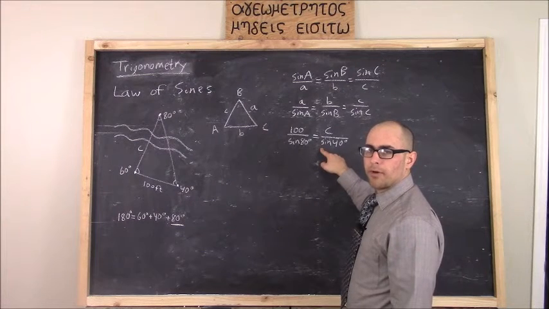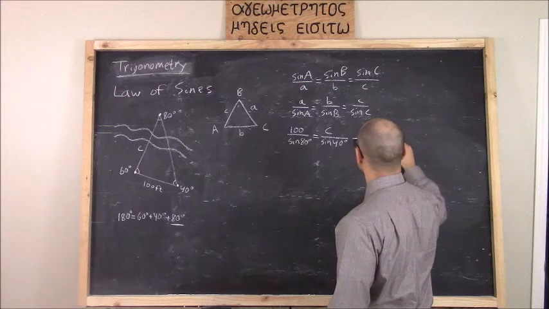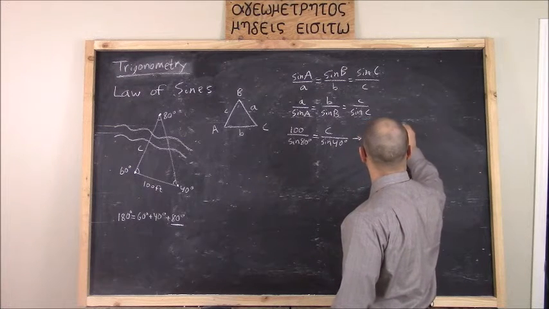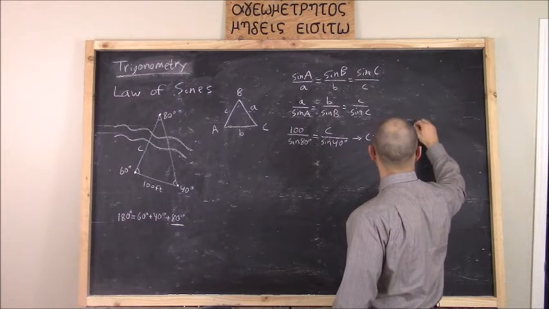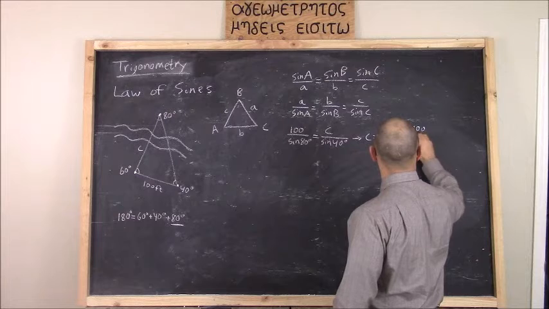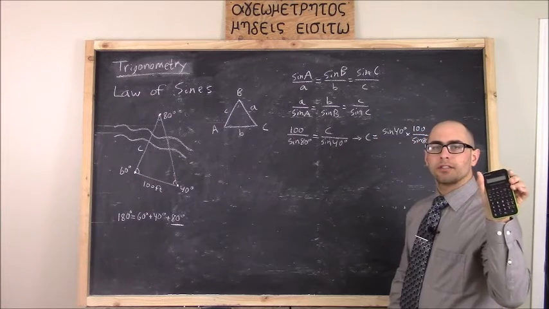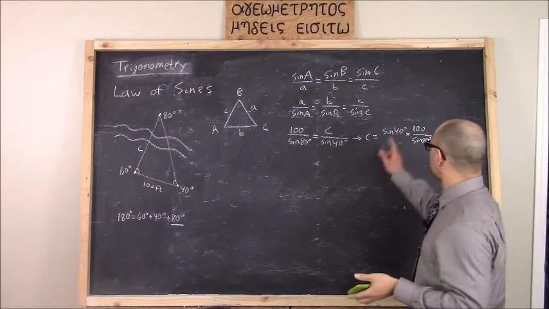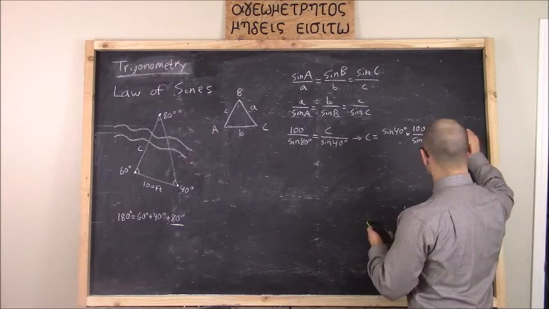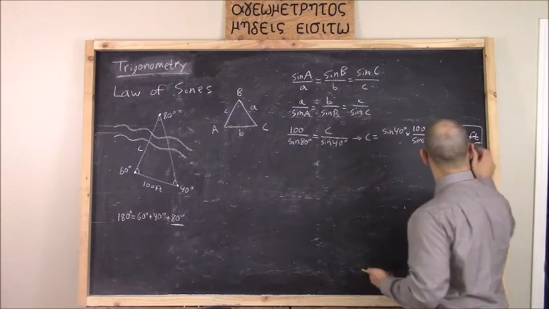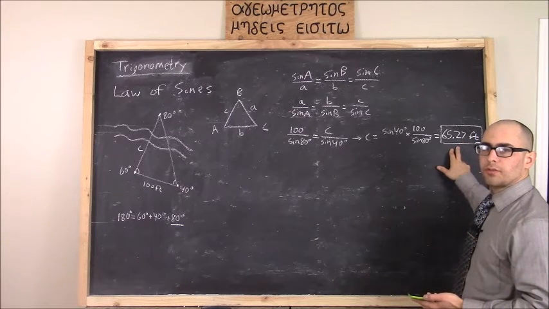I can multiply both sides by sine of 40 degrees to get c is equal to sine 40 degrees times 100 divided by sine of 80 degrees. I'll plug this into my calculator, entering each term separately. And I get c is equal to 65.27 feet.